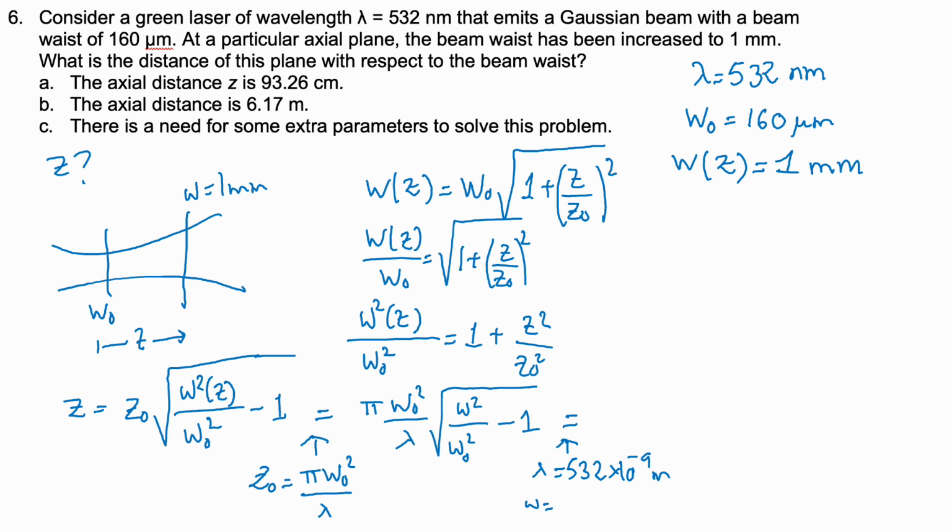We know the beam width, so that's going to be 1 times 10 to the minus 3 meter, and the beam waist is 160 times 10 to the minus 6 meter because it's in microns. So at the end this is going to be 0.9327 meters, so 93.27 centimeters. So the solution is going to be A.